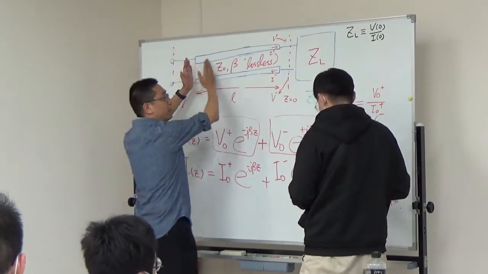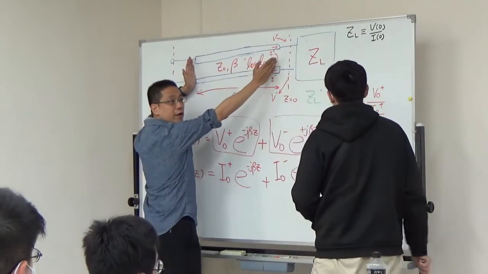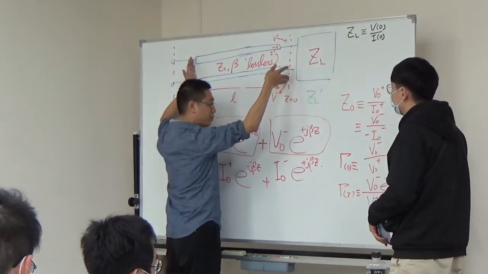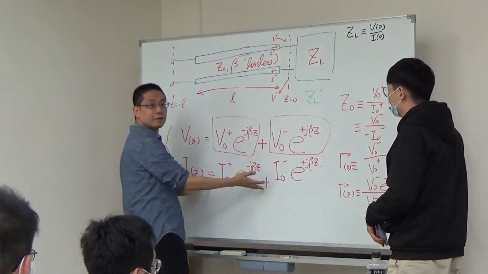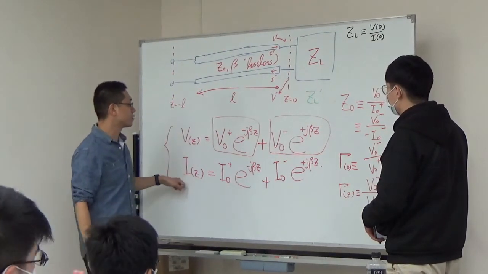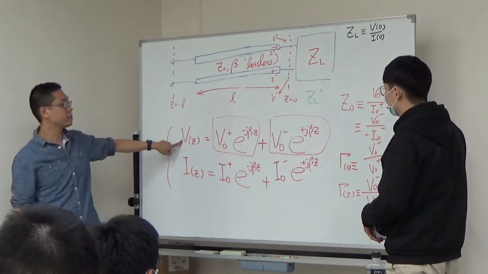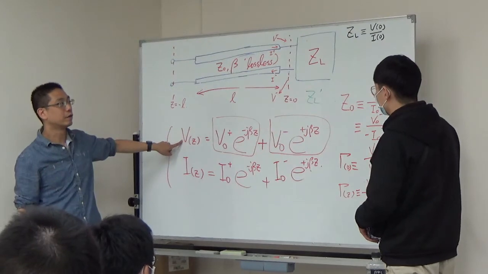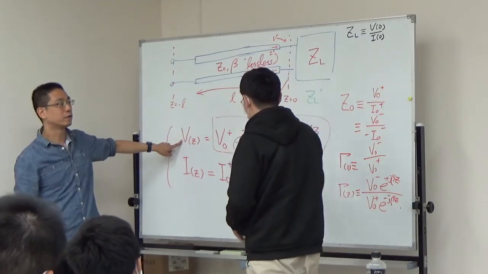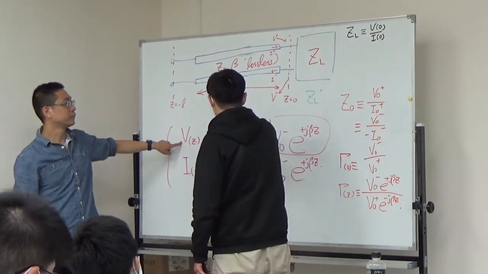Wait a moment, I want you to write it on. It is the voltage of the transmission line at the position Z equals 0, right? So this one equals, use these two equations. What is V0?